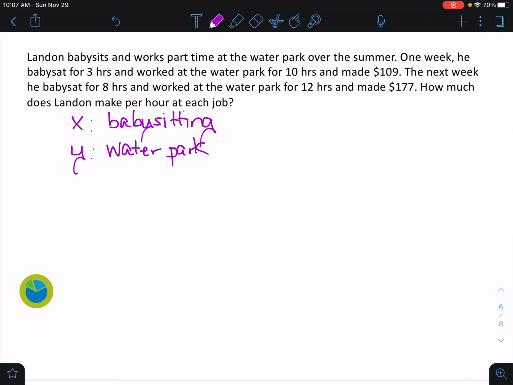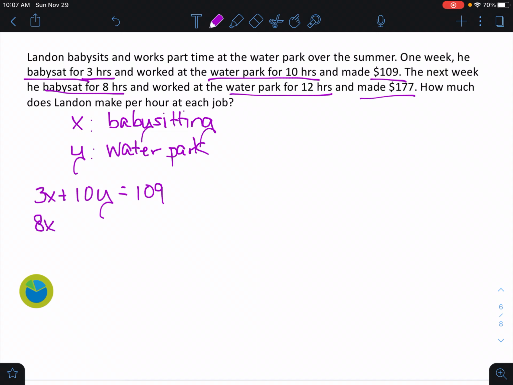Okay, so now let's look at our system here and see what we've got. It says first week he works 3 hours babysitting and 10 hours at the water park, and he makes $109. So 3x plus 10y equals 109. And then the second one, the next week he's babysitting for 8 hours, water park for 12 hours, and made $177.